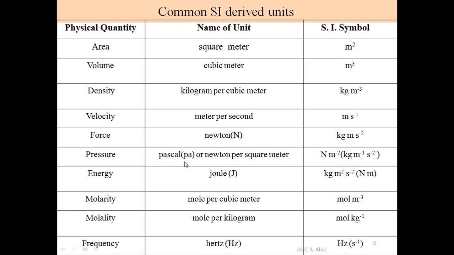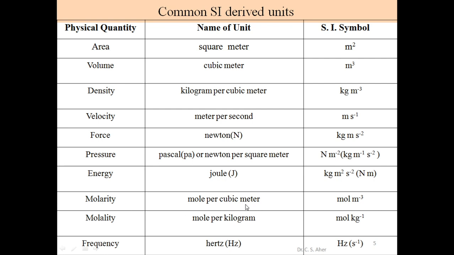Pressure is expressed in Pascal or Newton per square meter, that is capital N per m squared. Energy is expressed in joule, unit kg m squared per second squared, or also expressed as capital N m.